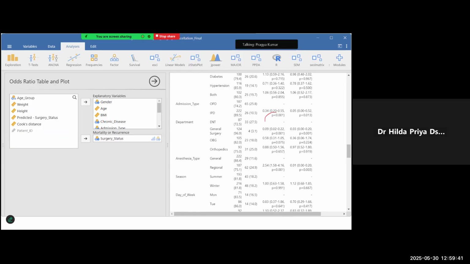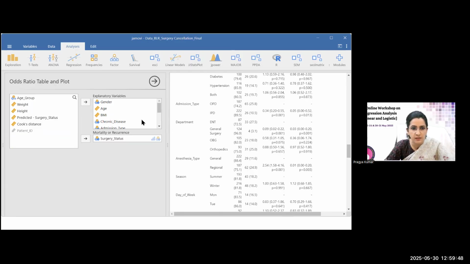Yeah, but initially when we checked, it was not significant, ma'am. Initially we tried to put it. Okay, let me see. Let me check this out. If we keep only admission type.